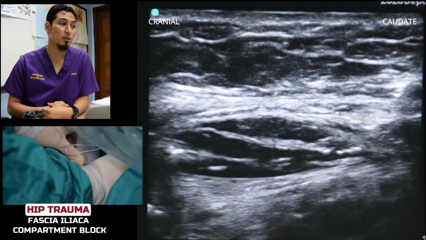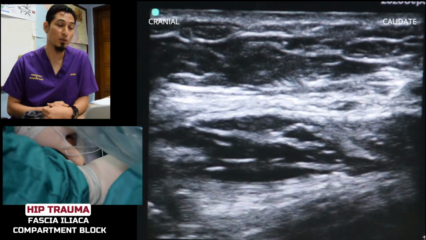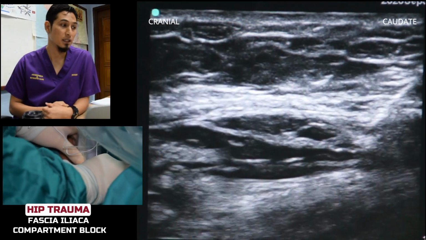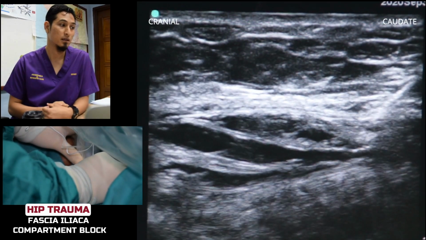Okay, so there is some space created by the LA, so we are going to dive in our needle a little bit and inject some more LA into that space.